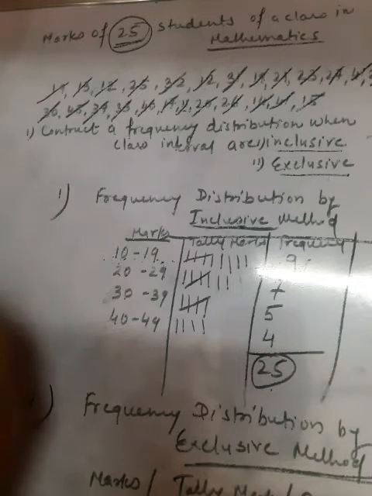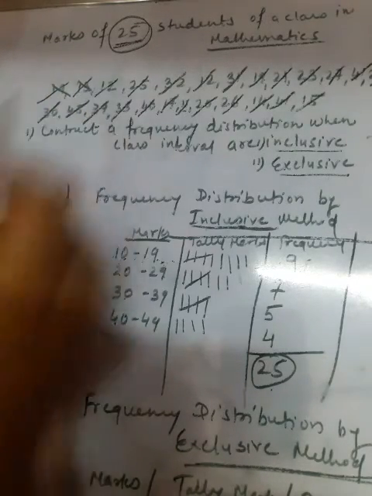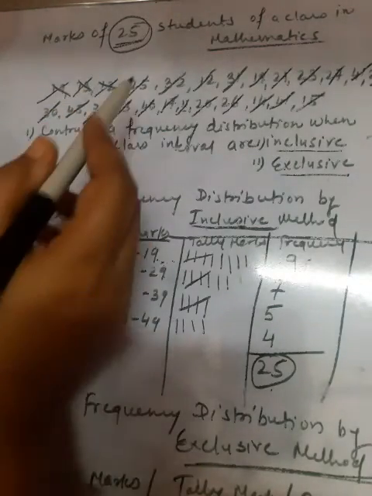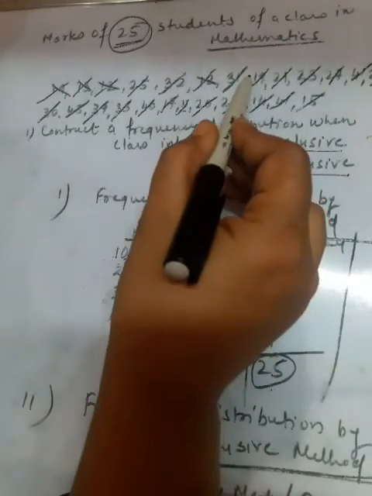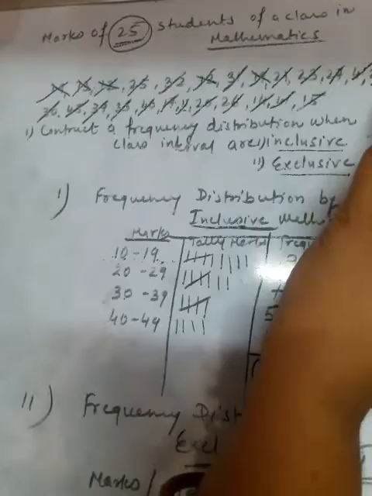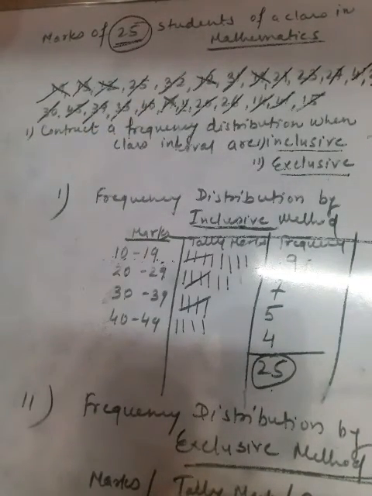Then 10 to 20, the first one is 19, of course, 13, 12, then again 12, then 19. Okay, 19, then 17.